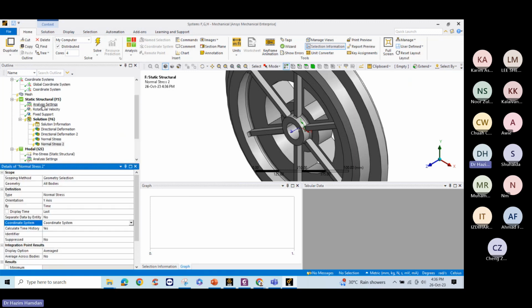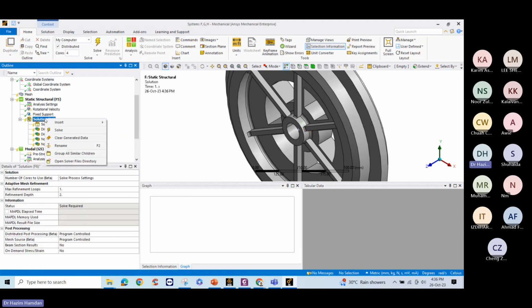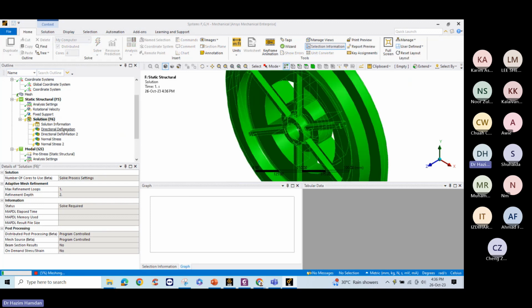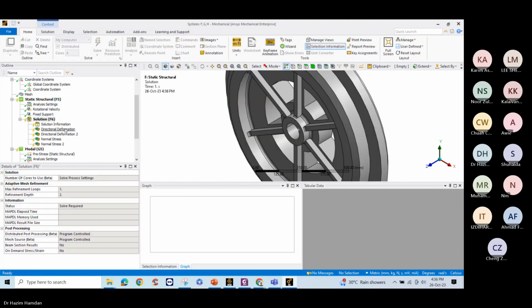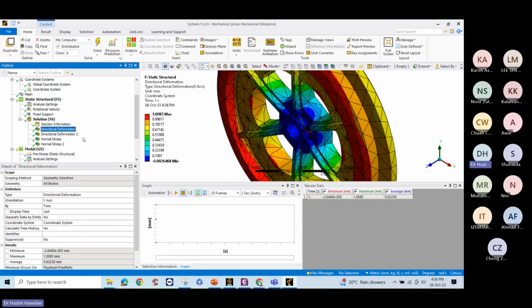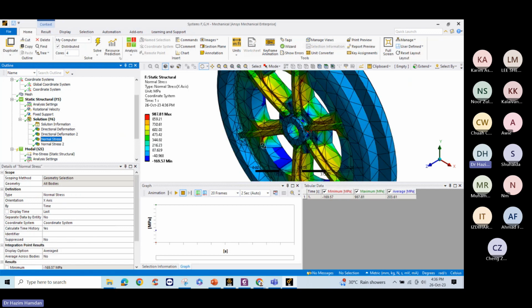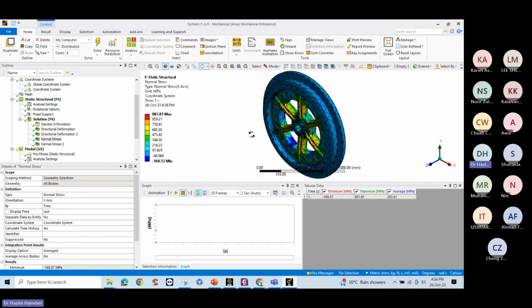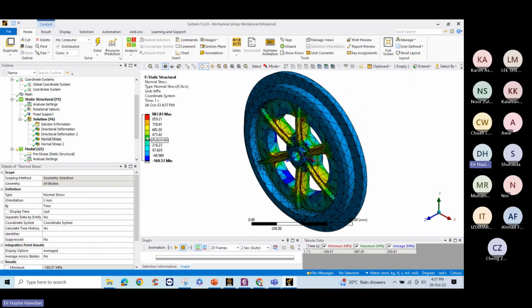Okay, so now can solve the problem. So this is the result that we obtain for each of the analysis. Okay, actually we just set the pre-stress.